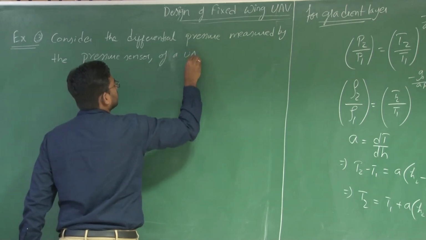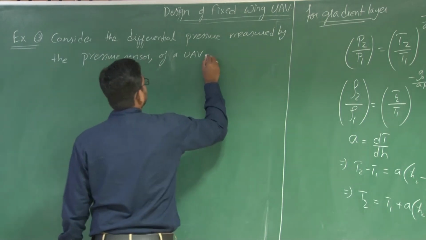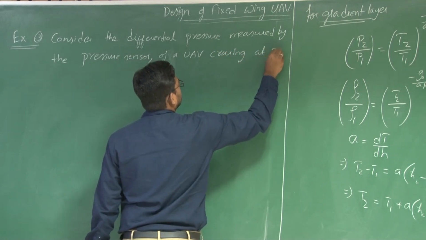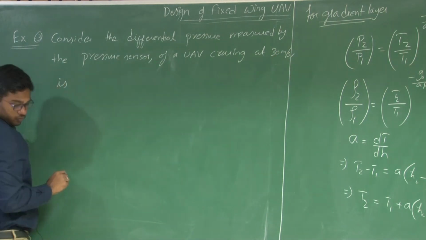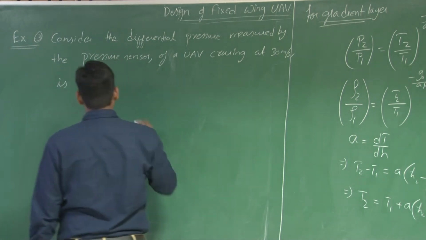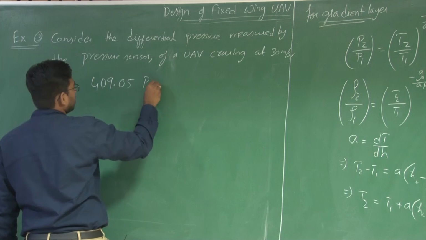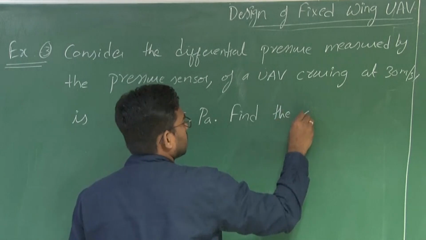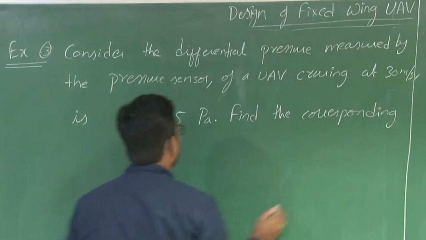The differential pressure of a UAV cruising at 30 meters per second is 409.05 Pascal. Find the corresponding altitude of flight.